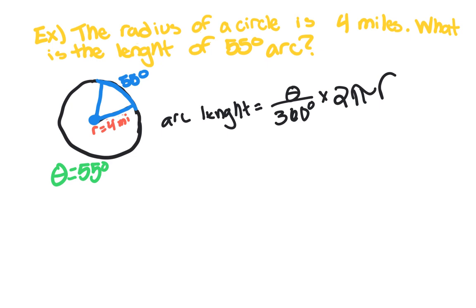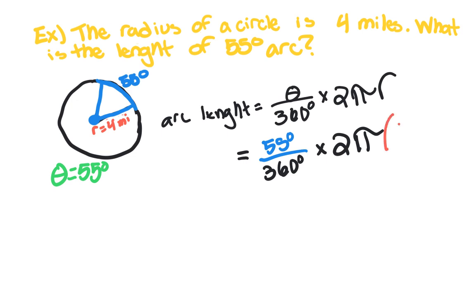So we're going to plug in what we know. Well, we know theta is 55 degrees. Divide that by 360 degrees times 2 pi, and our radius is 4.